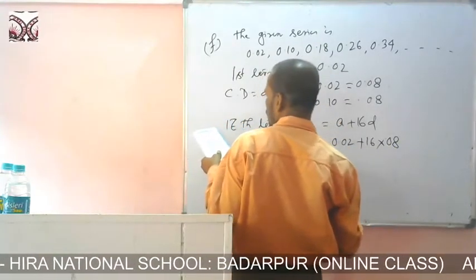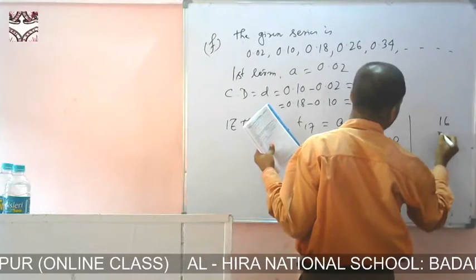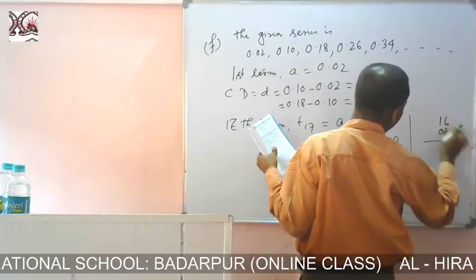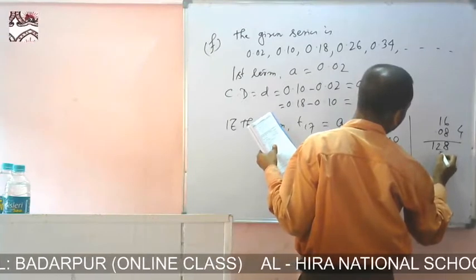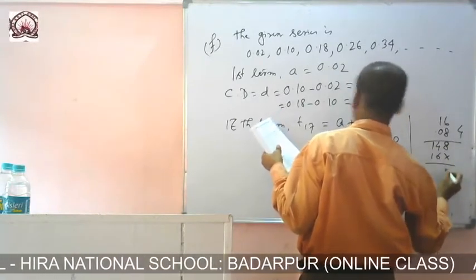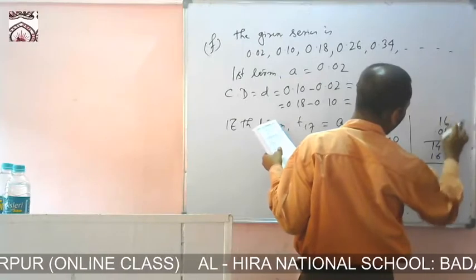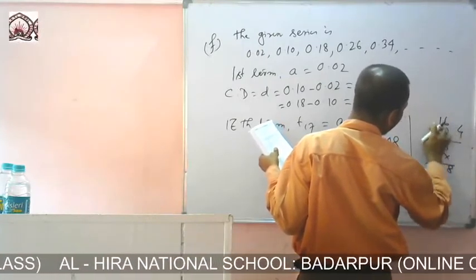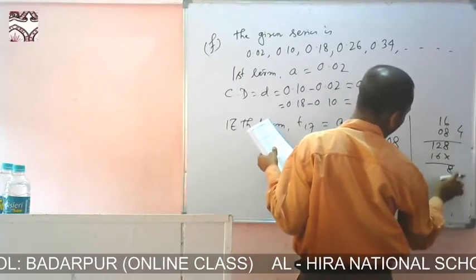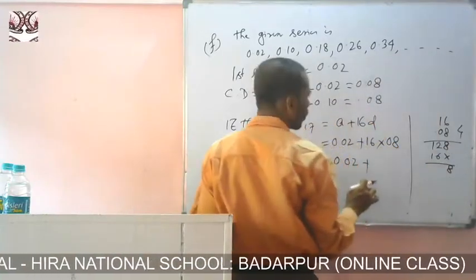So 0.02 plus, if I multiply 16 and 0.08, 6 eights are 48, carry 4, and so on, we get 1.28.